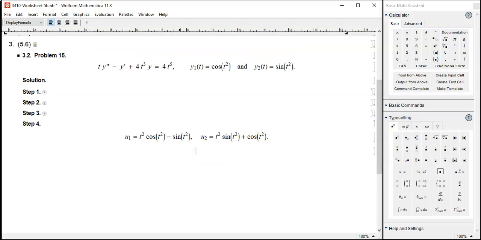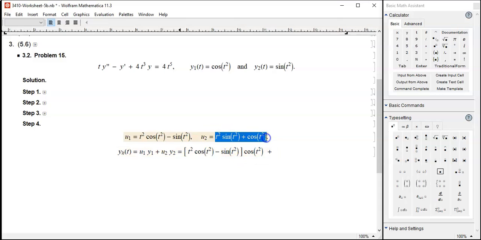So we get y is u1 y1 plus u2 y2. And what is u1? This is u1. And then y1 is this one. And then what is u2?